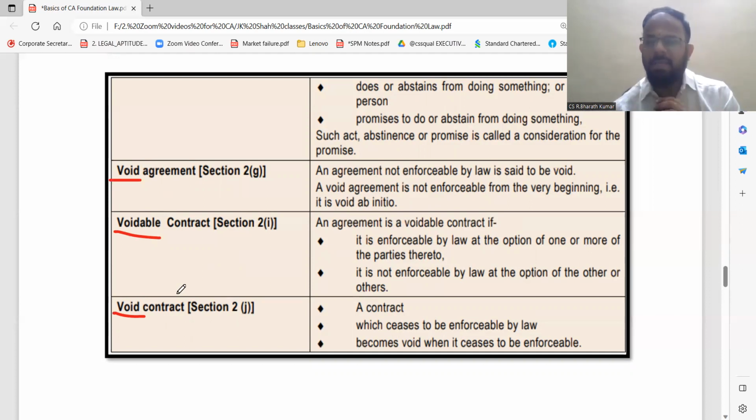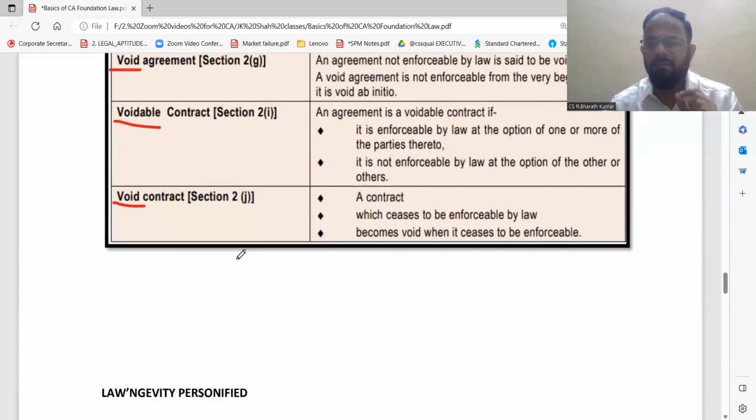In simple words, it might be a contract which was valid before, but is not valid later. These are the basics for void agreement and void contract. When it is void ab initio, it will never come under contract. What is ab initio? From the beginning, right from the beginning.